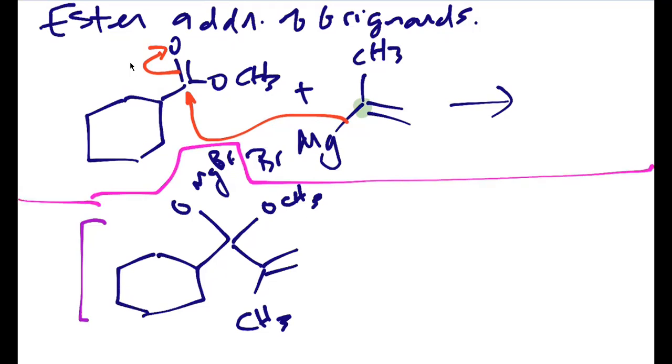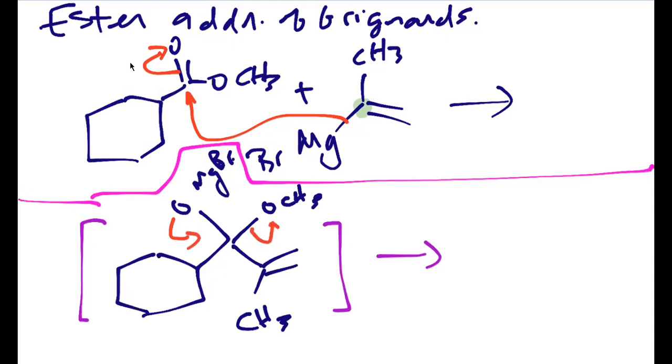All right, so with that intermediate, you could quench it, but most of the time the elimination is going to happen before proton transfer. So this is going to happen.